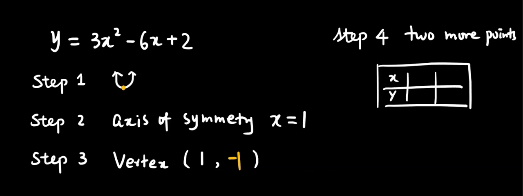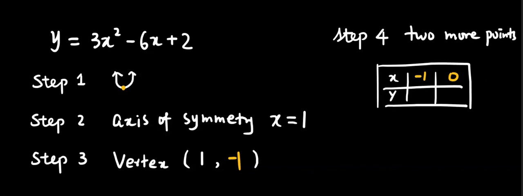Suggestion is to choose 2 x values that are less than the x coordinate of the vertex. In this case, the x coordinate of the vertex is 1. If we choose 2 x values less than 1, we can consider negative 1 and 0.